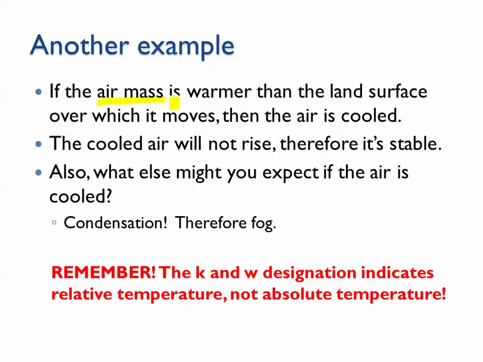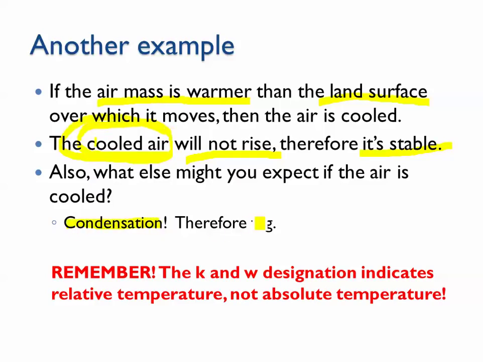Another example, our air mass is warmer than the land surface. This might happen with moist tropical air moving over the southern United States out of the Gulf of Mexico when the land is cooler during the winter. So the air cools, it's not going to rise, so therefore it's stable. But if you're cooling air, what's going to happen? You're going to have condensation, right?